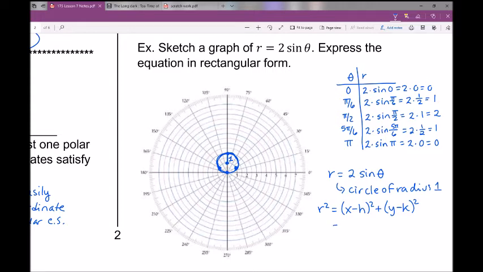So h is going to be 0 and k is going to be 1. And our radius is 1, so that is all the substituting that we need to do for this. And so if we simplify, we just get that 1 is equal to x squared plus y minus 1 squared.